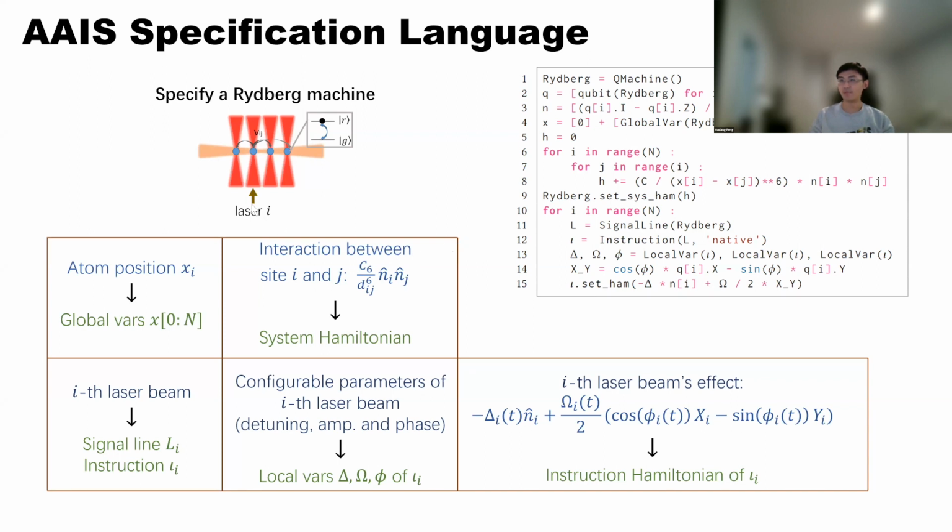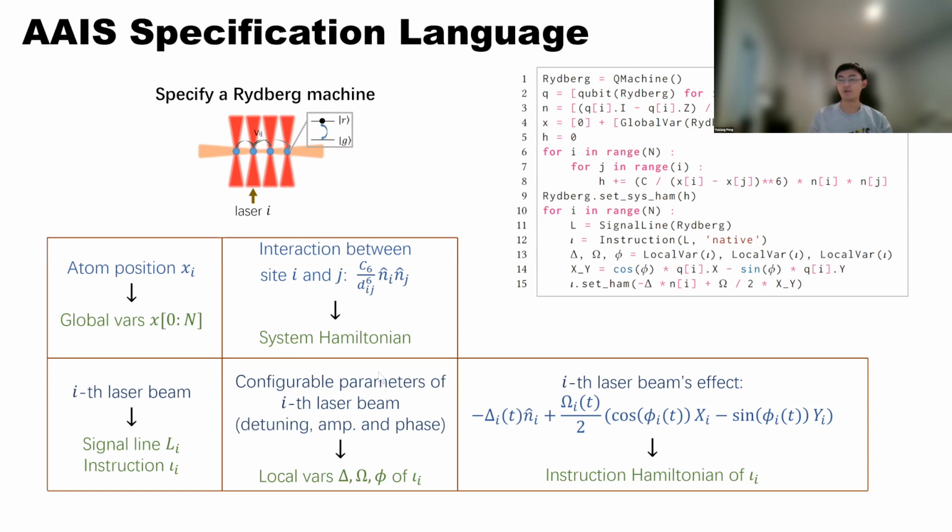So for the ith laser beam, we create a signal line for it. Basically, the signal line is a carrier of the signal, which is a laser here. For each signal line Li, we declare an instruction delta i to represent the pulse we can send through the laser beam i.